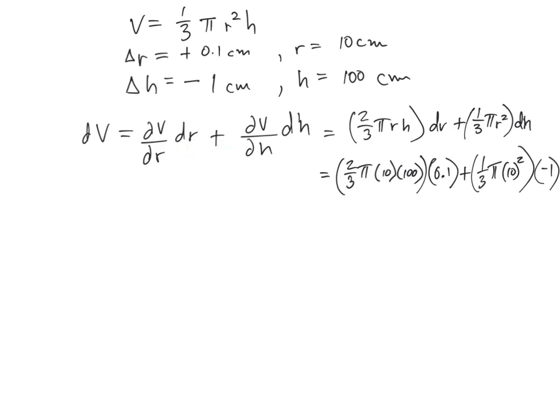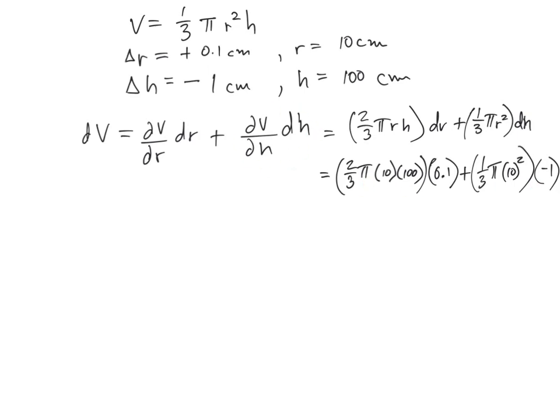And then you add to that the slope of the function in the h direction at the point r equal to 10 and h equal to 100 times how much you change in the h direction. These two added up give you the total change in V. This part due to the change in r, this part due to the change in h.